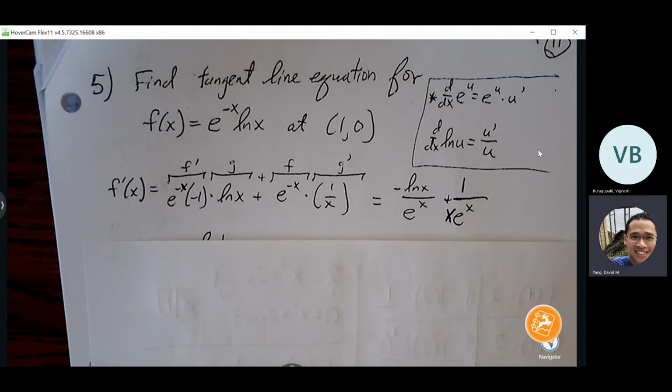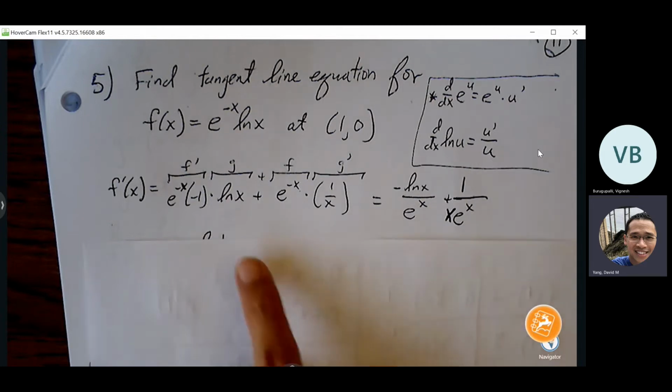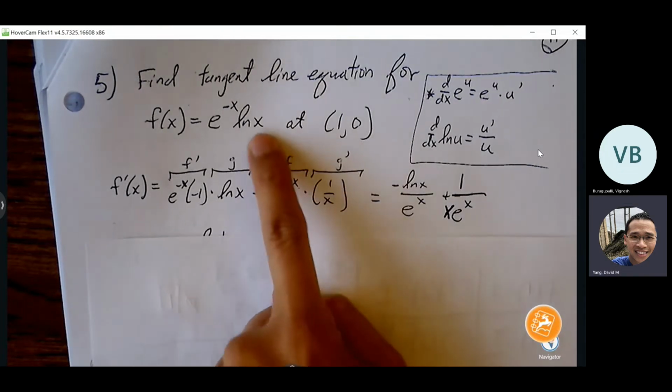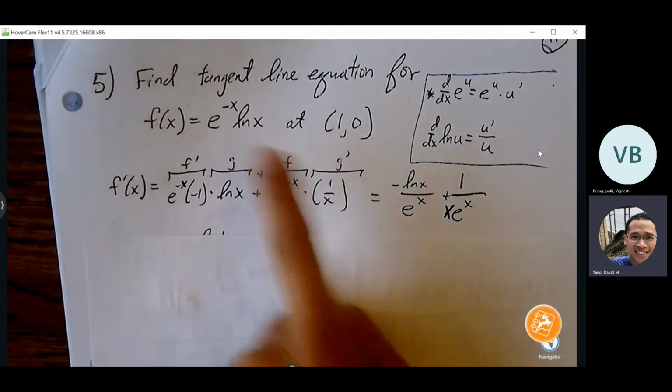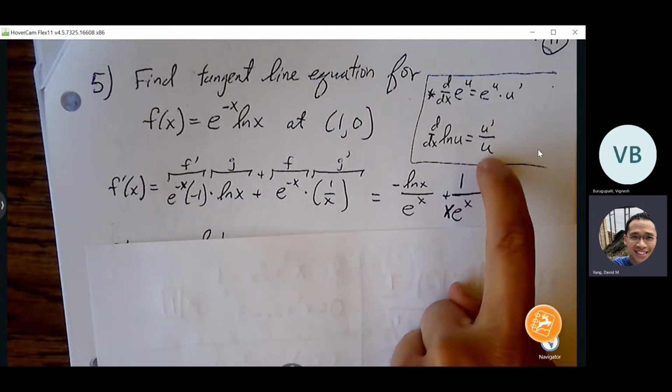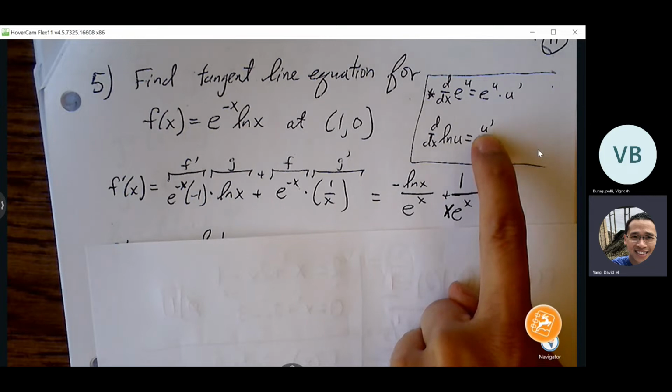Okay, you guys okay with product rule there? For the derivative of g, I thought you have to put ln x below that? Well, if you look at the derivative for natural log of u, it's u prime over u. Here u is x, so the derivative of x is 1, and u is x, so it's 1 over x.